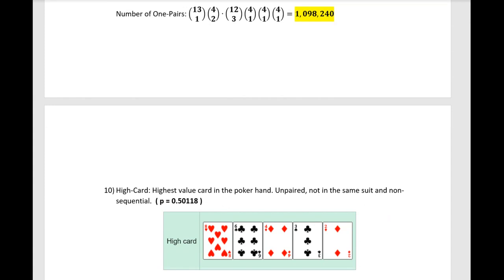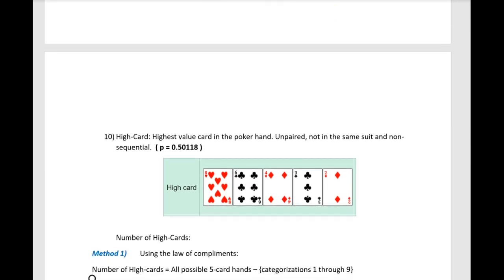So your best bet would be whatever the highest card is in your hand. In the example that I've displayed here, number 10, the high card is the 8 of hearts. Okay, so that is the highest card in my hand. As you can see, over 50% of the cards dealt in poker hands are pretty much not much. It's just a high card.